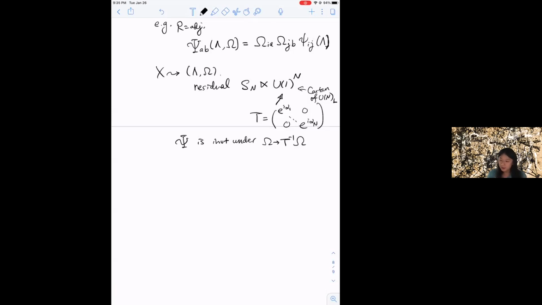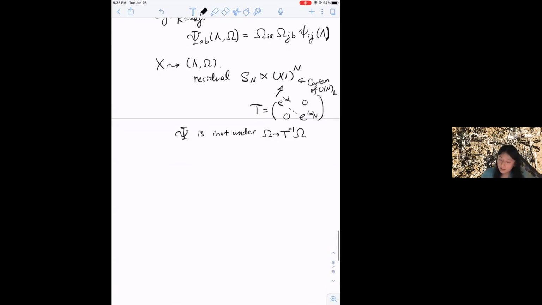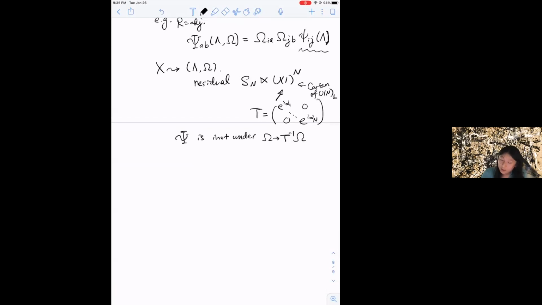So that actually, in particular, means that this wave function little psi ij here, which you can also view as in the adjoint of UN, but transforming under the left UN action on omega, has to be invariant under the Cartan. So it lives in the representation, which in this case is the adjoint, but it has to be a zero weight state vector in the adjoint representation.